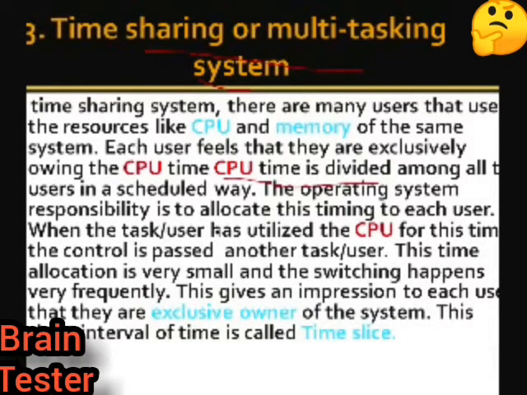The operating system's responsibility is to allocate this time to each user. When a user has utilized the CPU for its time, the computer passes to another user's task. The time allocated is very small and the switching happens very frequently. This gives each user the impression that they exclusively own the system. This interval of time is called a time slice.